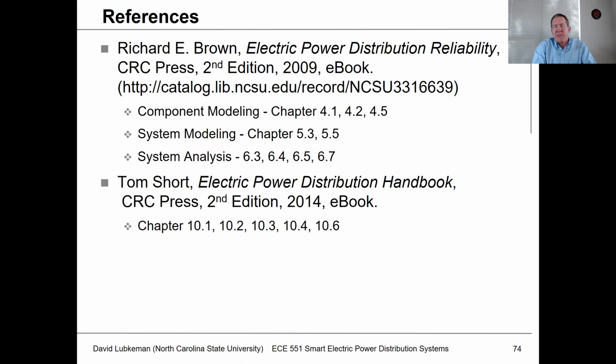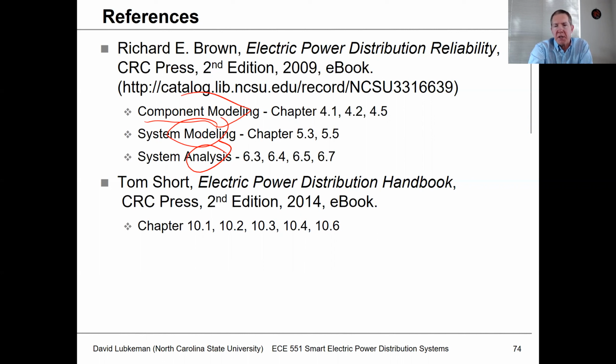So anyway, there are a lot of different things you can do for reliability, and a good reference if you want more information is the book by Richard Brown. He has a whole textbook on this, and what I've been covering is some of this material on component modeling and how we do the system modeling and the calculations in the system analysis.